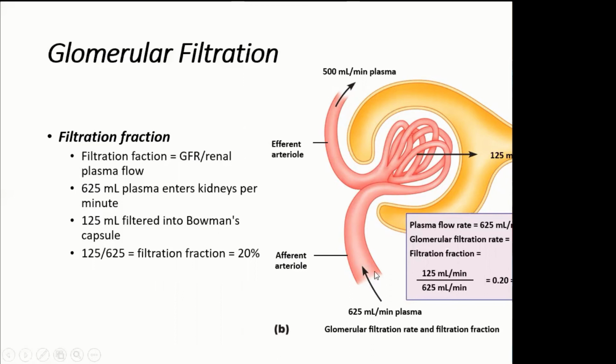Maybe this will be a little more clear. Maybe you're not confused, but I think I can be more clear in what I just said. As we're having blood move through the afferent arteriole into the glomerulus and out the efferent arteriole, not all the plasma is getting filtered into the nephron. So some of that fluid continues in these arterioles, and so we still have plasma over here.